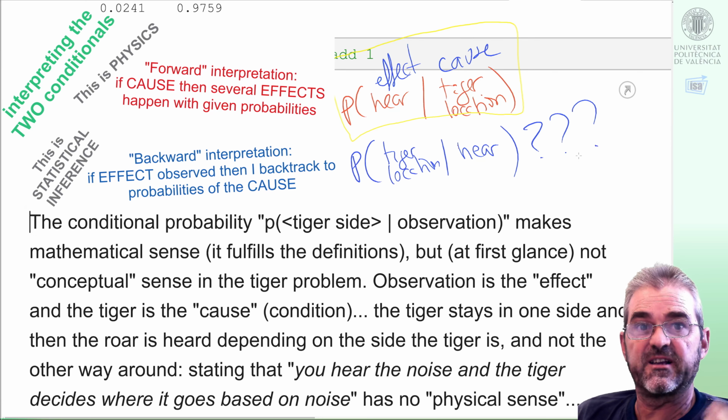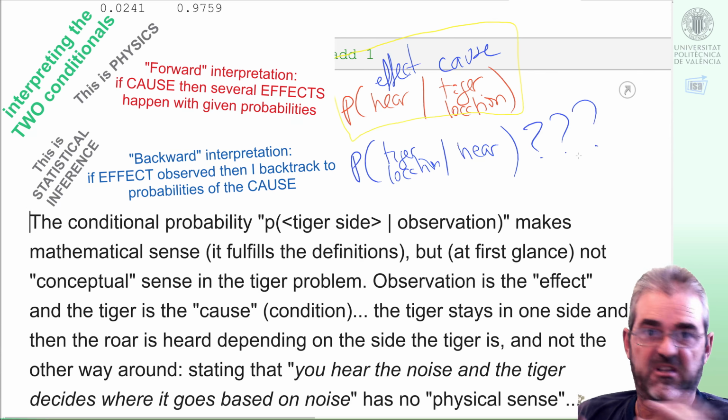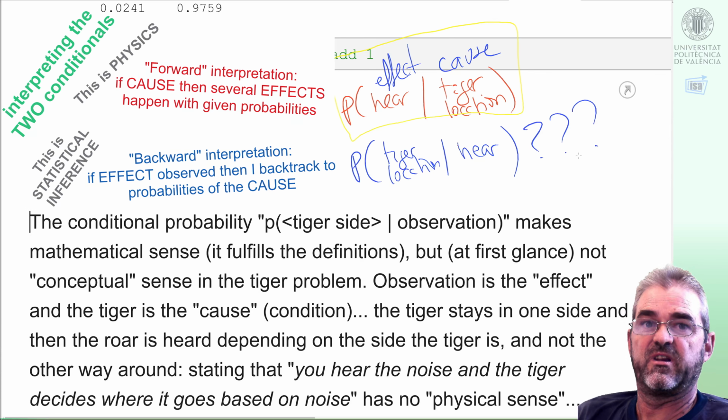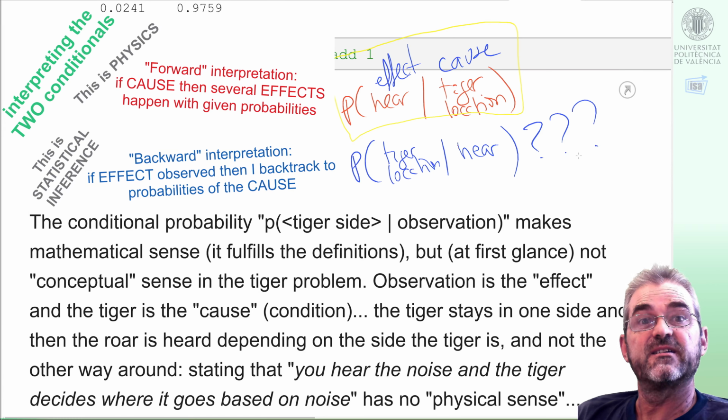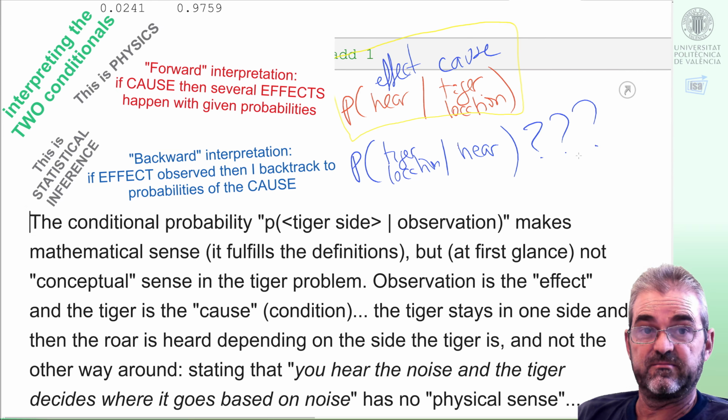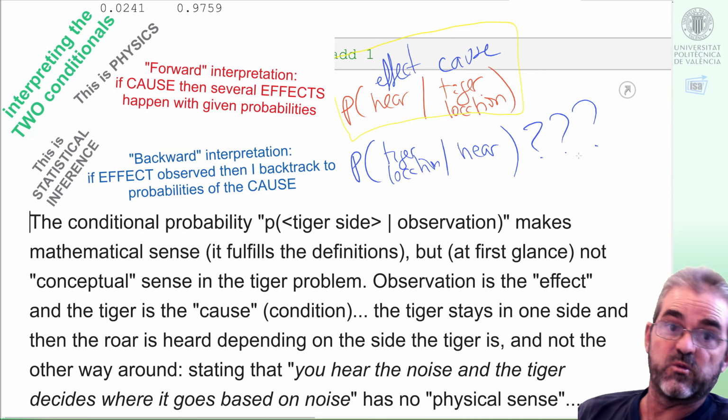So the wrong physical interpretation would be that the tiger listens to some noise and then decides which side to go. It's not true. We reversed the causality arrow, let's say. But that inverted causality is the thing that the zookeeper will do. The zookeeper will wait till he hears 1, 2, or 5 roarings at the left or the right, and then he will decide where to go.